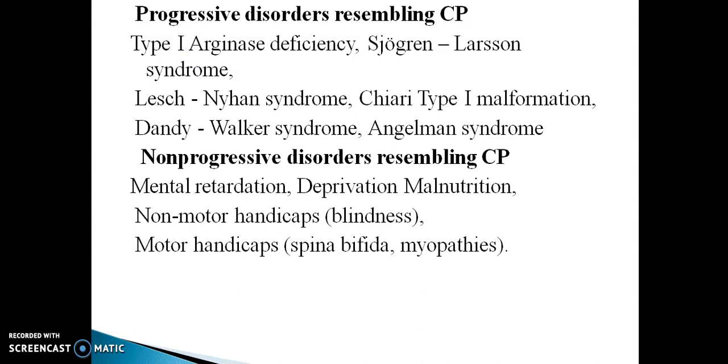Some conditions may look similar to CP. There are progressive disorders resembling CP and non-progressive disorders resembling cerebral palsy. The progressive disorders resembling cerebral palsy are type 1 arginase deficiency, Sjogren-Larsen syndrome, Lesch-Nyhan syndrome, Chiari type 1 malformation, Dandy-Walker syndrome, and Angelman syndrome.